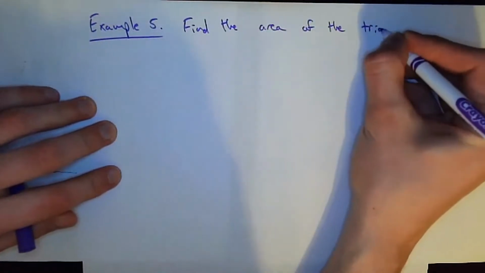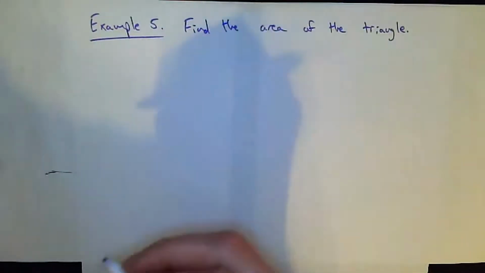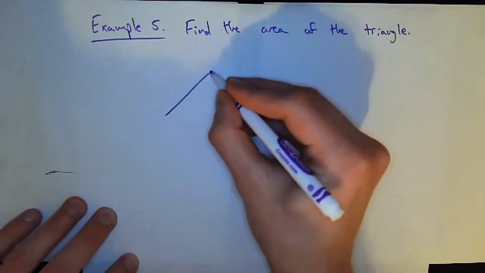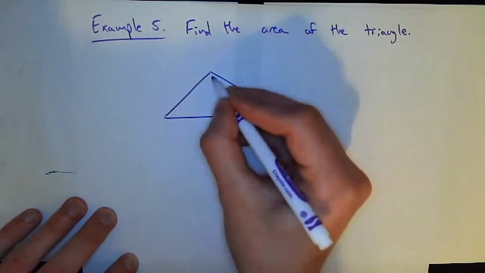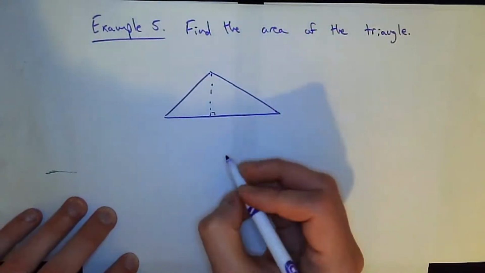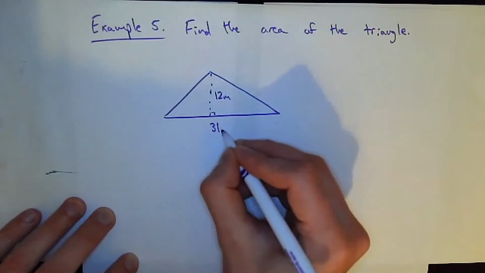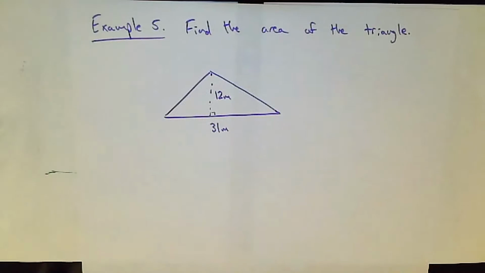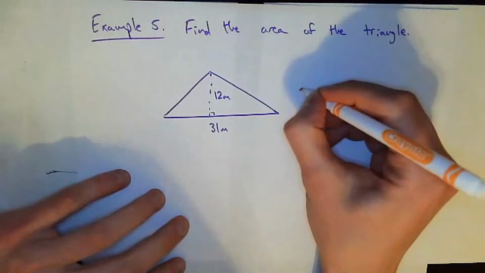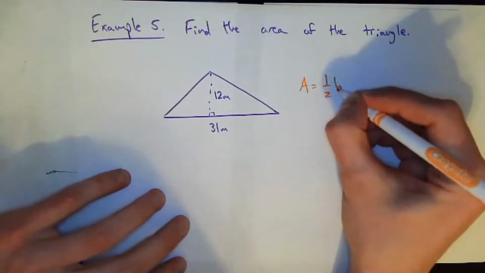Let's just find the area of this triangle. Got some triangle like this. Right angle there showing that this is 12 meters and this is 31 meters. Okay, area for a triangle is 1/2 base times height.